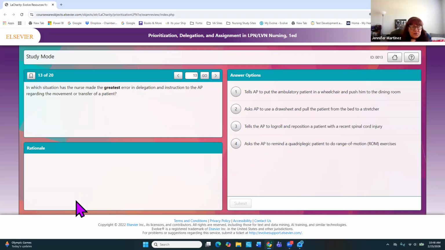Three, tells the AP to log roll and reposition a patient with a recent spinal cord injury. Or four, asks the AP to remind a quadriplegic patient to do range of motion exercises. So which of those would be the greatest error in delegation?